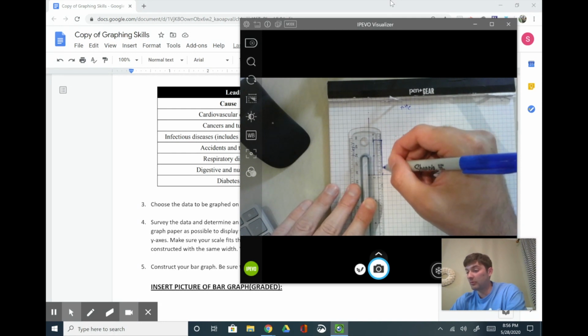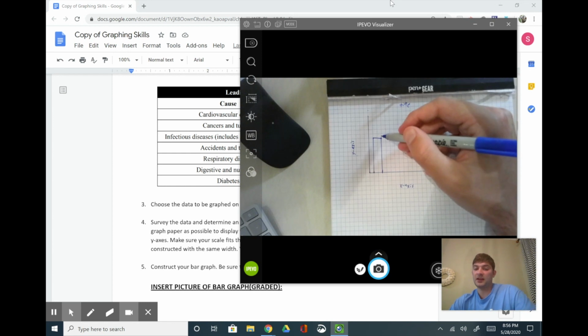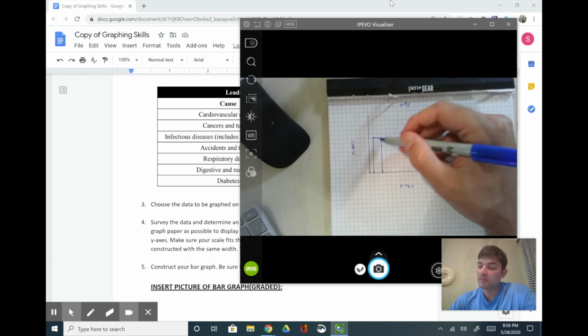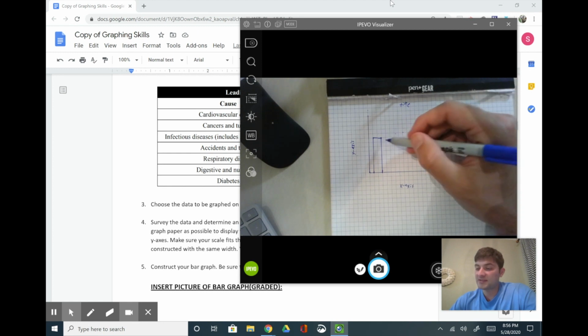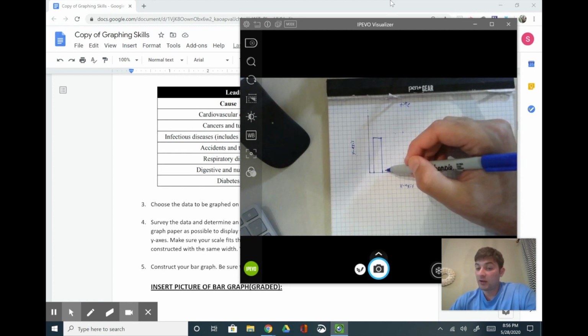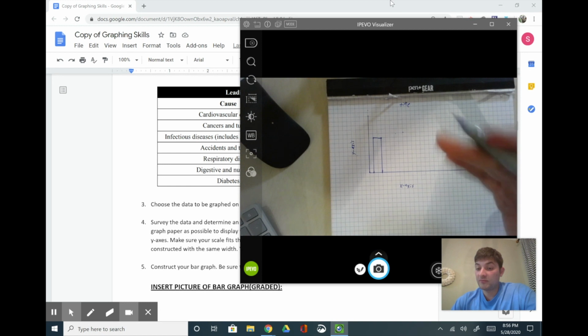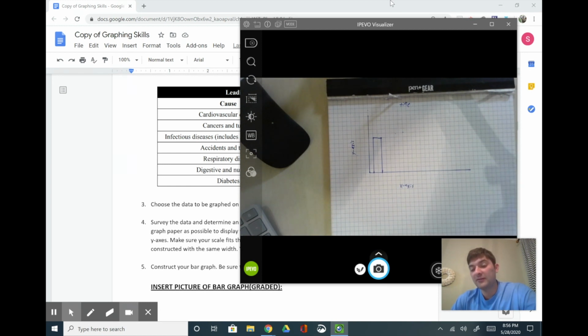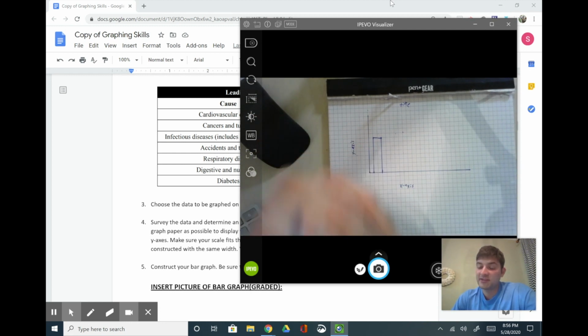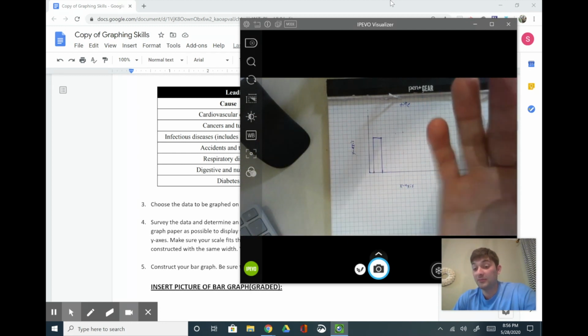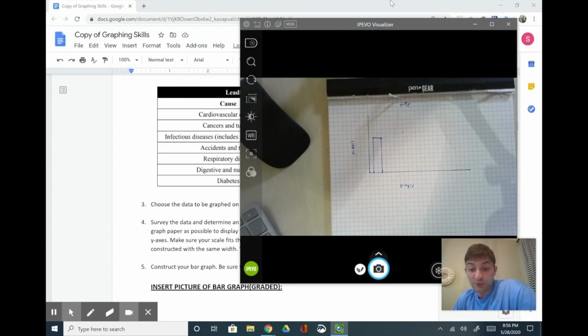Even on graph paper, like I said, I just went left to right with my ruler, and you can still tell that it's not straight, and I see that all the time. But I'm very strict on my students with that, because I want them to see how neat of a graph they can make. When they make that neat graph, you just see the look on their faces, like, oh my goodness, this is ridiculous. It's like a book.